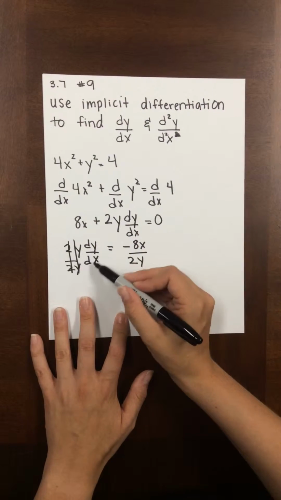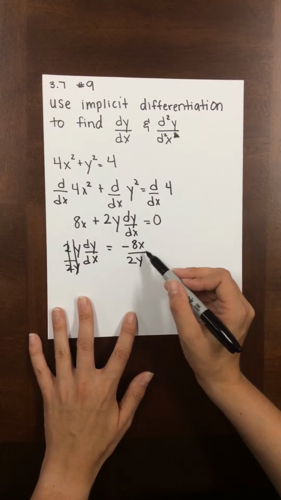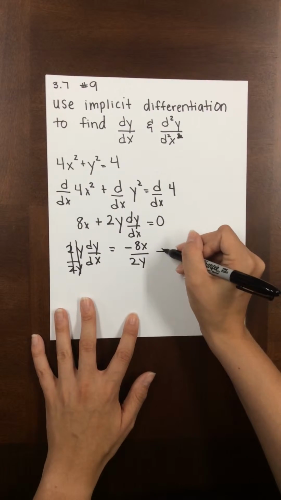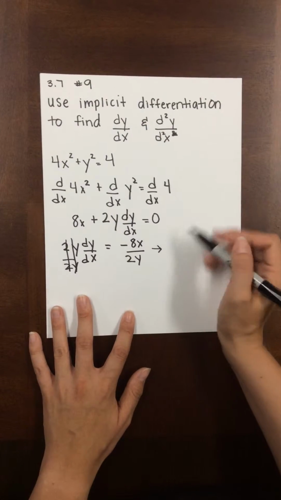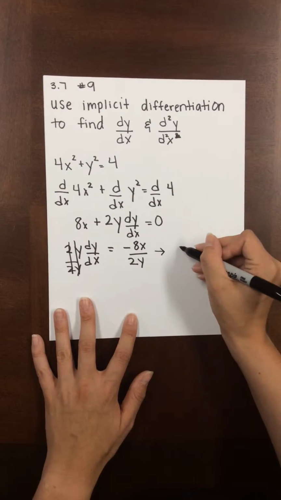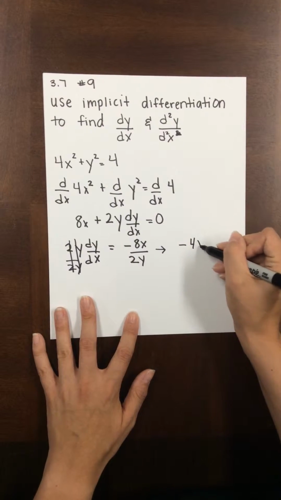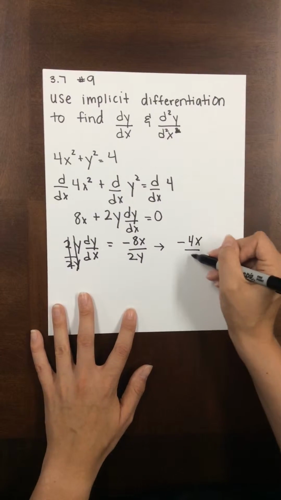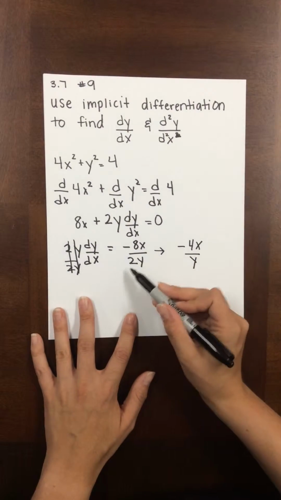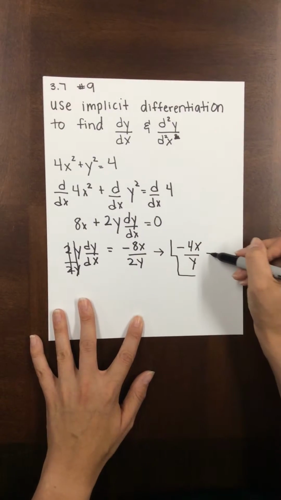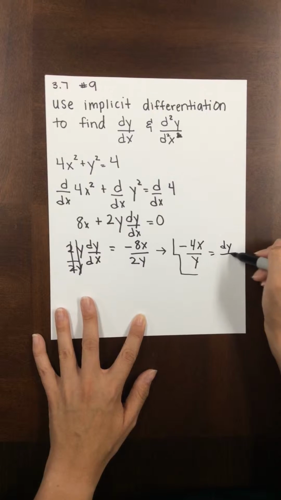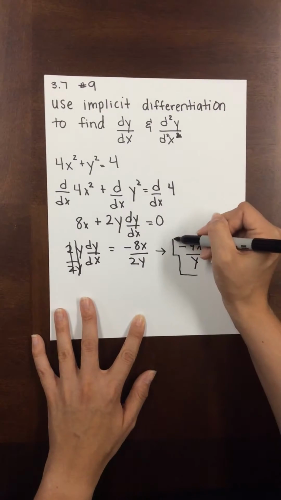So dy over dx is equal to negative 8x over 2y, which we can simplify a little more and divide each term by 2. So we get negative 4x all over y when we take the 2 out of the 8 and the 2 out of the 2. So this is our first derivative, the dy over dx.